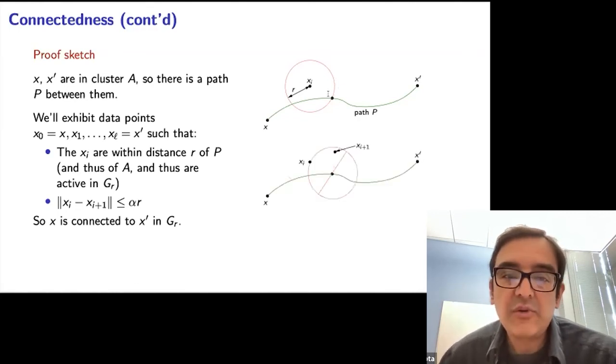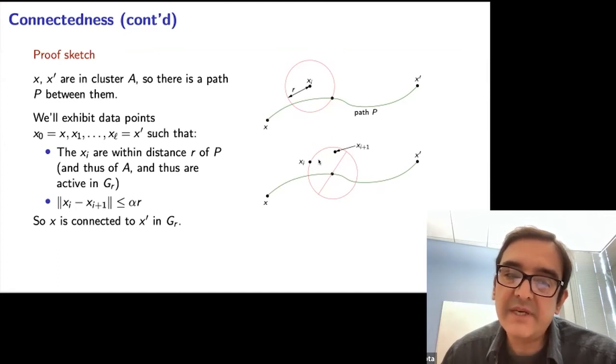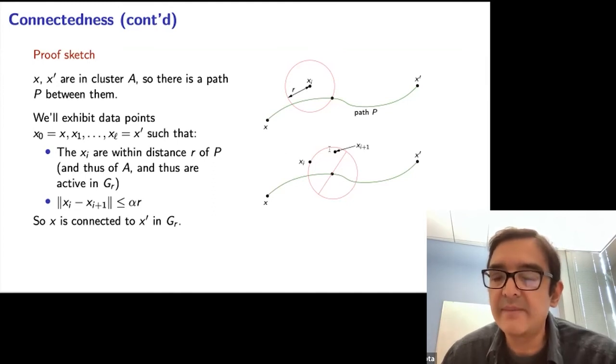So now let's draw another ball that's now centered at this point and again has radius r. So now xi is on the outside of the ball. And let's look at the hemisphere defined by this normal, the normal between the center of the ball and xi. Okay, so we look at this hemisphere. By VC bounds, there's at least one other data point in the ball. Since it's very close to A, the data point is also active.